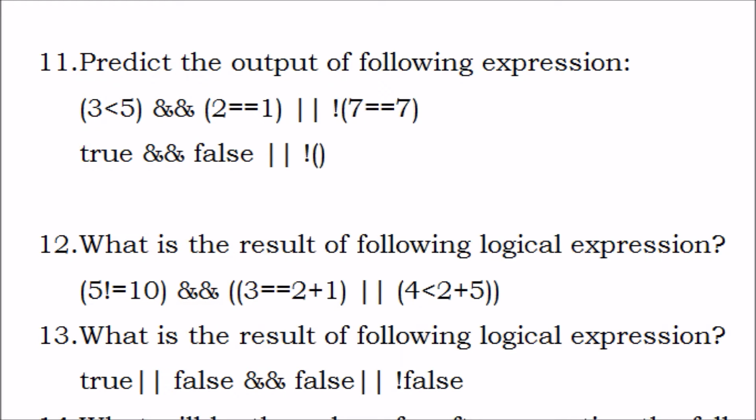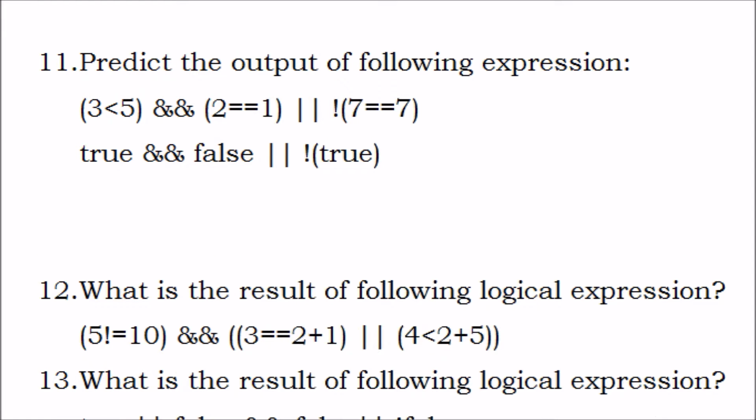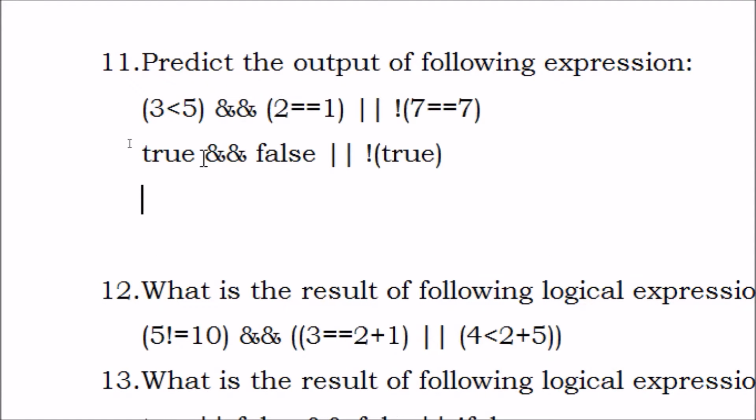And what do we get inside the brackets? 7 equal to 7 means, is 7 equal to 7? Yes, so I am going to get true here. Now we have a situation where we have all three logical operators, the AND operator, the OR operator, and the NOT operator. Let me get rid of these brackets, it's not required.